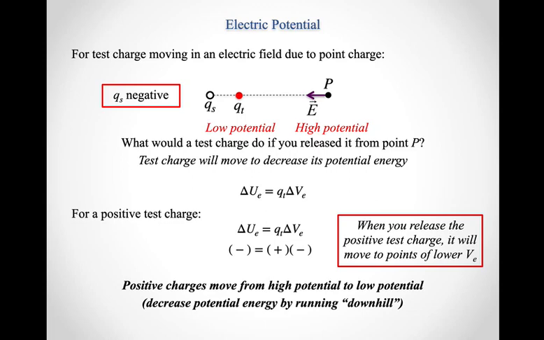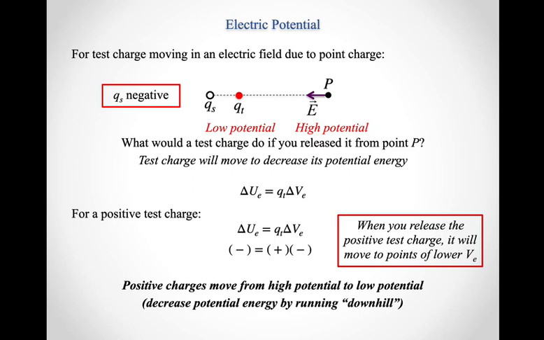So if given the chance, they will decrease their potential energy by running downhill. And again, we'll use gravity phrases to help us think about things in electric situations. And so downhill tells you that you're thinking about what the potential is and going from high potential to low potential. That's what defines downhill here.